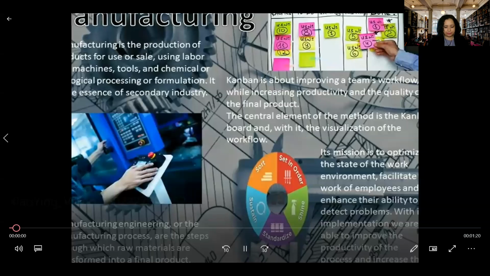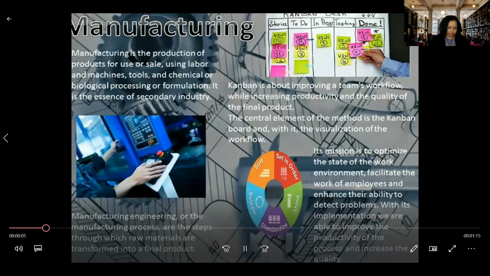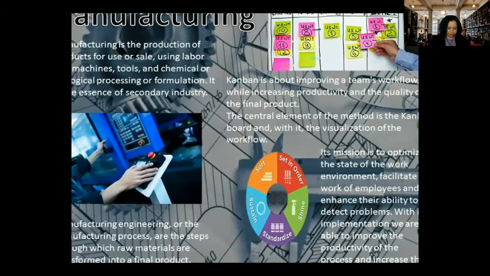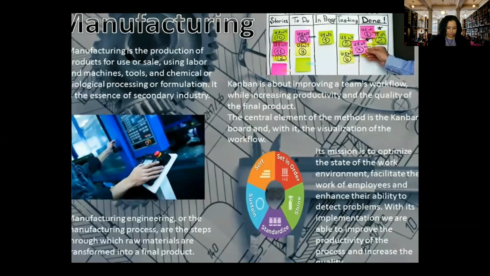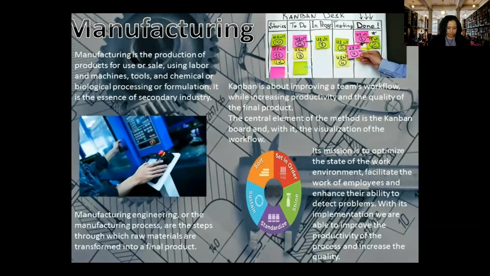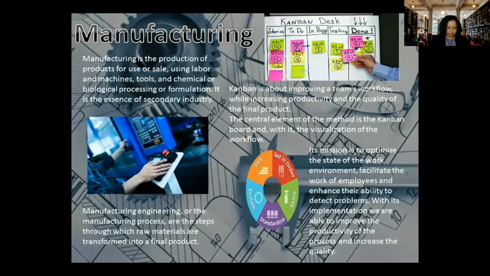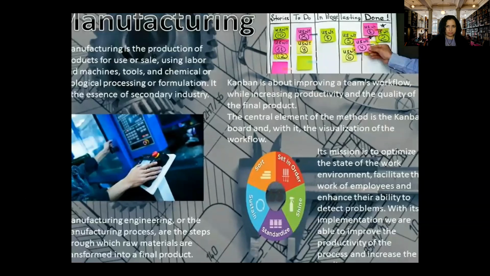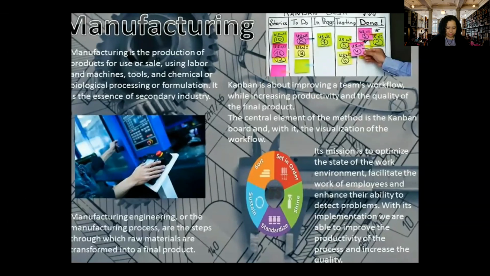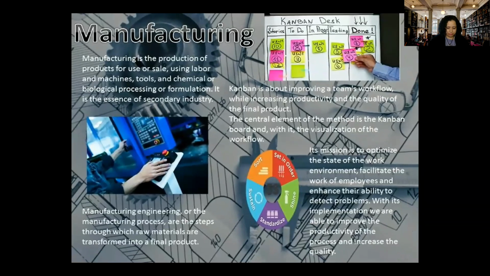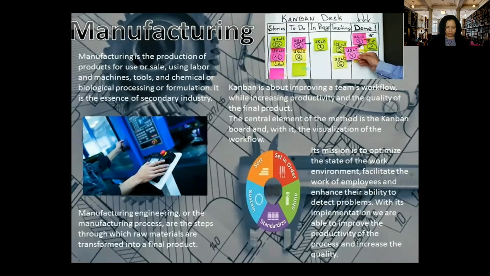Manufacturing is the production of products for use or sale, using labor and machines, tools, and chemical or biological processing or formulation. These are the essence of secondary industries. Manufacturing engineering or the manufacturing process are the steps through which raw materials are transformed into the final product. Kanban is about improving a team's workflow while increasing productivity and the quality of the final product.